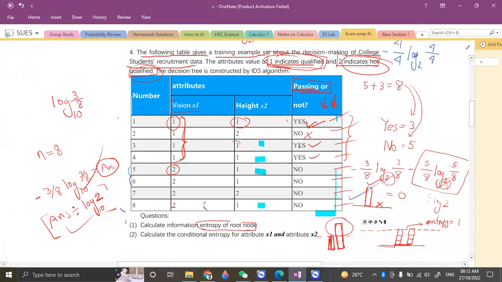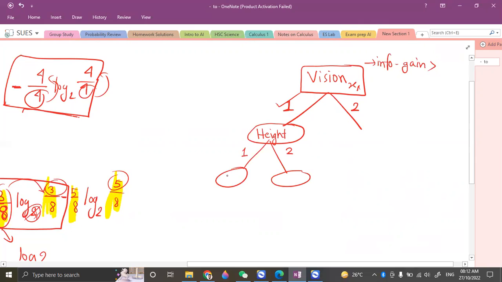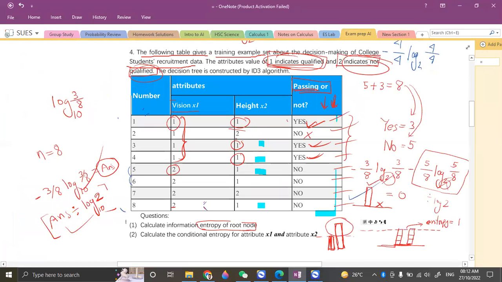Height is qualified, selected. Height is qualified, selected, right? So we can say that if height is qualified, then it is selected, yes. And if height is not qualified, then it is not selected, no. You can see here, if height is not qualified, then it is not selected. We are only considering these 4 now.